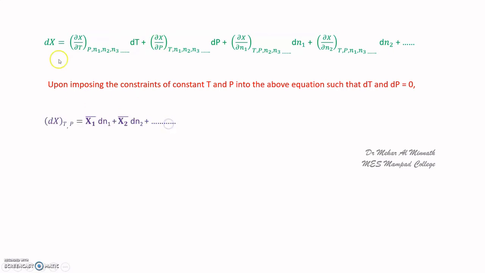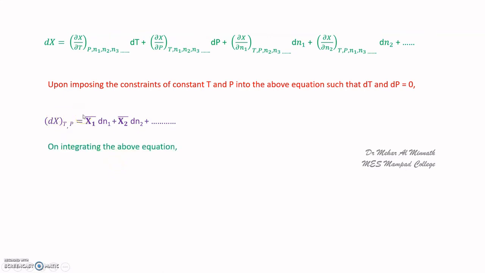Therefore, our equation will become dX at constant temperature and pressure is equal to X1 bar dn1 plus X2 bar dn2 plus X3 bar dn3, etc. That is change in extensive property with respect to component 1, change in extensive property with respect to component 2, etc. Because we are considering temperature and pressure constant.